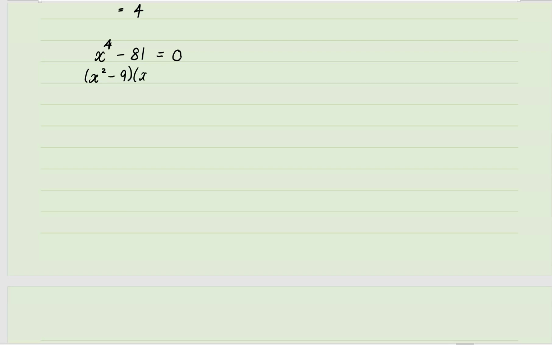So we get x squared take 9 and x squared plus 9. And we're quite happy here because again I can go difference of two squares again. So this becomes x take 3, x plus 3, and then x squared plus 9. Well, remember it's the plus there, so now it's going to be x take 3i, x plus 3i.